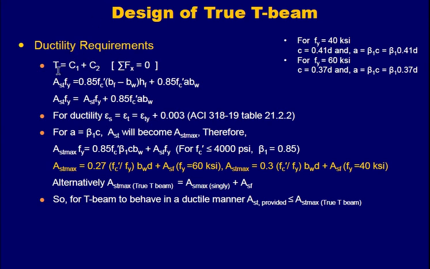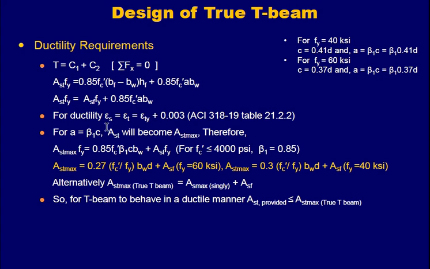Once you get the values of area of steel, you have to check the ductility requirements, and you have to check that tension is equal to compression in the flange plus compression in the web. So Ast, meaning the total area of steel, into Fy is equal to C1, which is 0.85 fc' (bf minus bw) hf, plus C2, which is 0.85 fc' a bw. Now you know that phi Mn1 is equal to ASF into Fy, and you know this 0.85 fc' a bw.